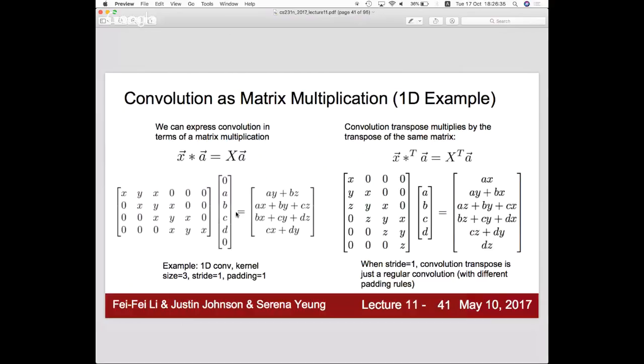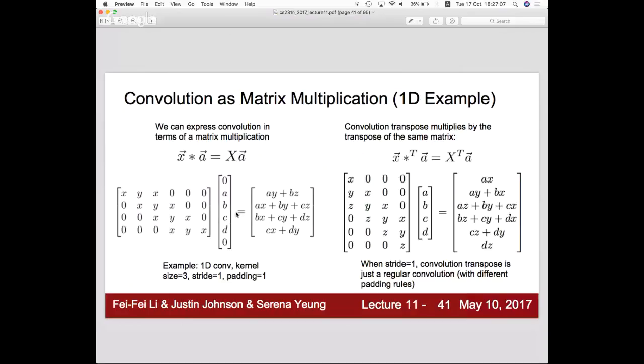And similarly for transpose convolution with stride 1, it can be represented using this kind of operation as well. So same thing again, you have A, B, C, and D. But your filter this time around will be Z, Y, and X, and there are 2 zeros in front.